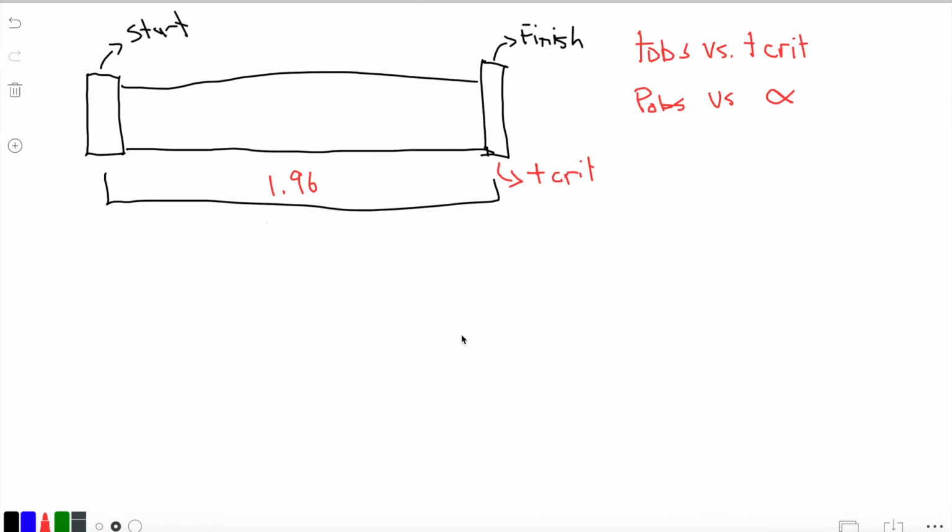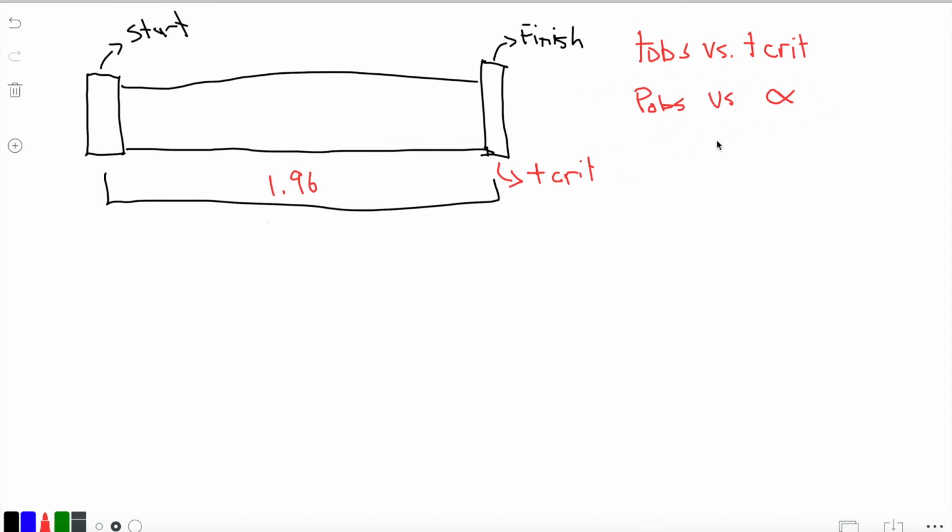Now the good news is you only need to really figure out one of these two things, because if the t observed is larger than the t-crit, so our runner has finished the race, it means that we have found that there are differences between our groups. And what that means is the p observed is going to also indicate that there are differences between our groups. So this comparison between t observed and t-crit is always going to lead to the same conclusion as when we're comparing the p observed to the alpha.